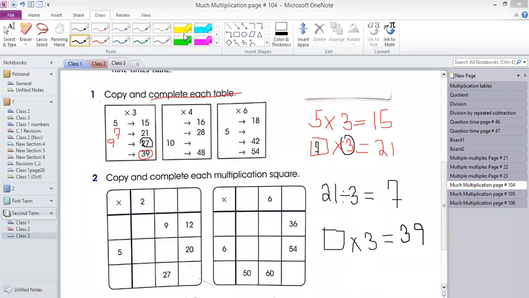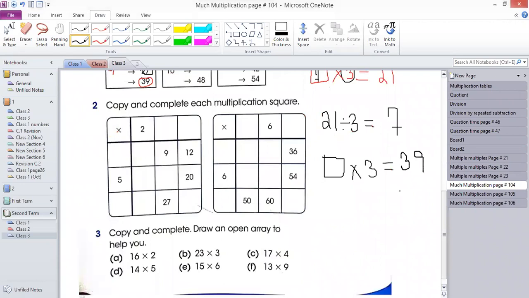What about other students, guys? Look, guys, you don't know which number you multiply by 3 to get 39. So what you will do? There is no 39 in the table of 3. You will divide 39 by 3.